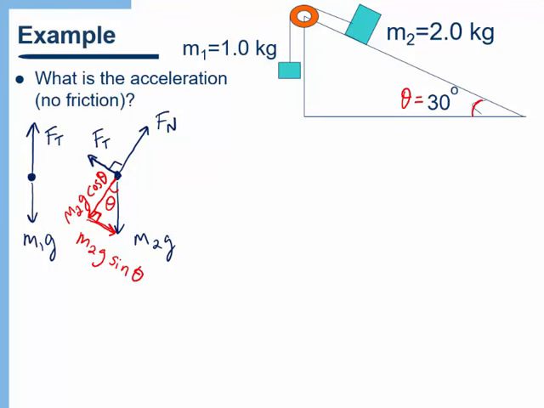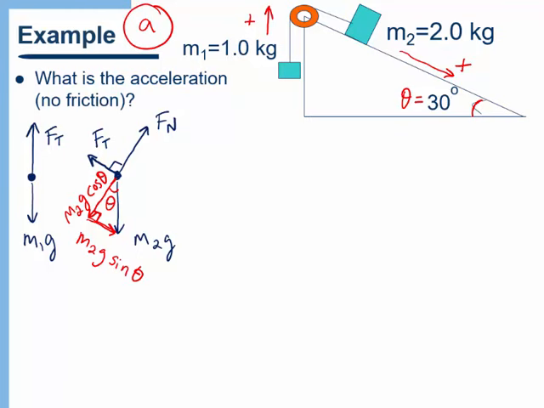Now, for object number 1, if we define up as the positive direction of motion, then for object number 2, that would correspond to down the incline being the positive direction. The reason this is important is these two objects are going to be moving together. So we're just going to have one acceleration for both object 1 and object 2 because they have to move together.